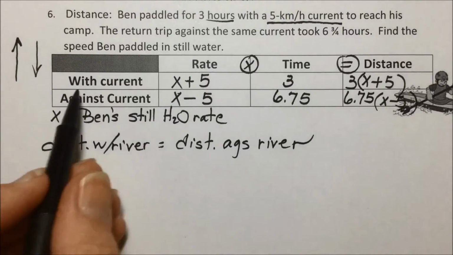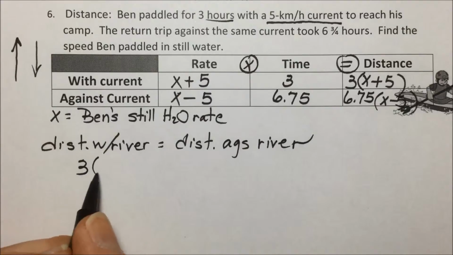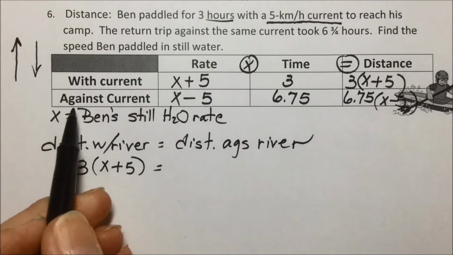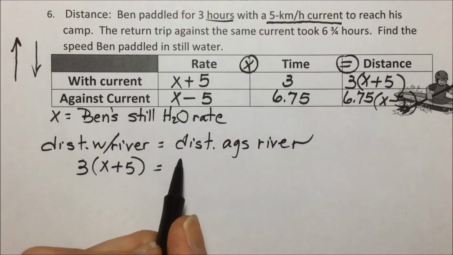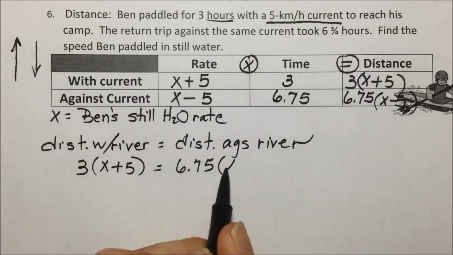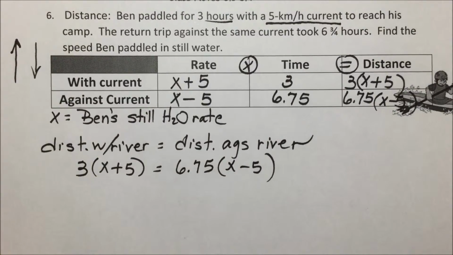The distance with the river, or the current, from the table we found to be 3 times x plus 5. Going against the river, or current, is 6.75 times x minus 5 for the distance. We now have our equation.